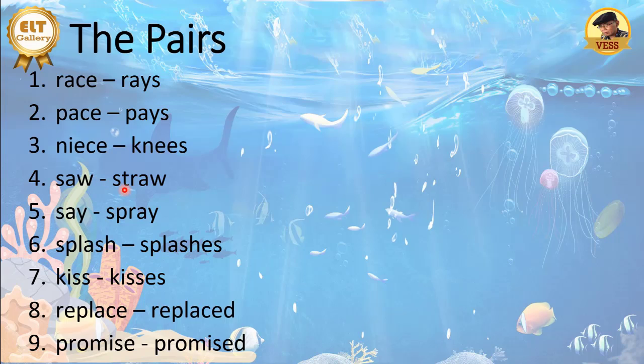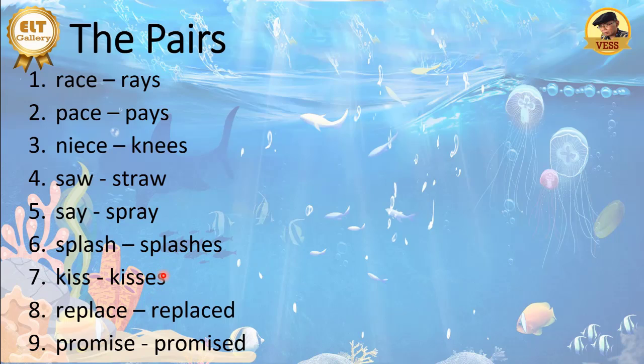We do not pronounce it as saw-traw or say-pray or sa-plash, but we have no vowel between the S and T in straw, spray, splashes. And then here we have an extra syllable, because this is a noisy sound, sh, and then we add S here because it's impossible to pronounce splashes without the extra vowel over here.